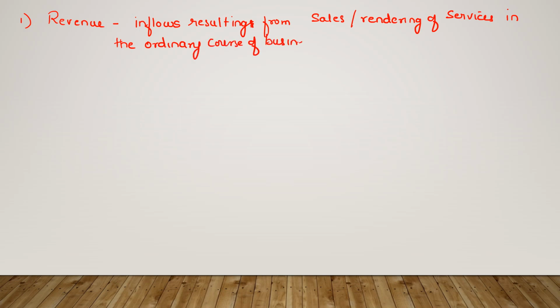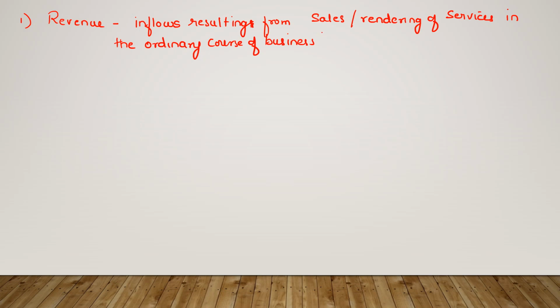So whatever are the inflows which come into the business because of the activities which are carried on by the proprietor in the ordinary course of business, in the process of doing business, something is flowing into the business, that we refer to as revenue.